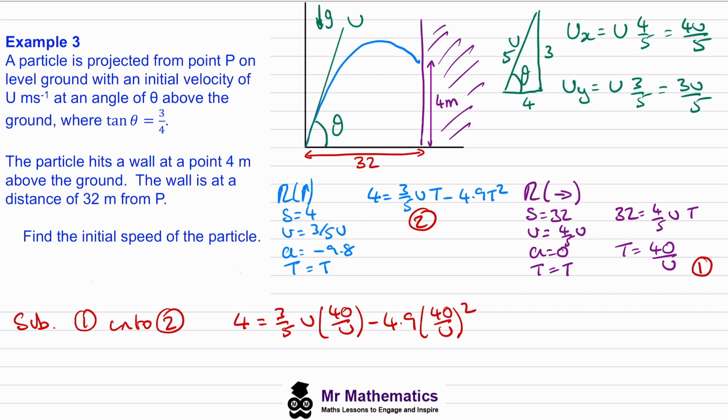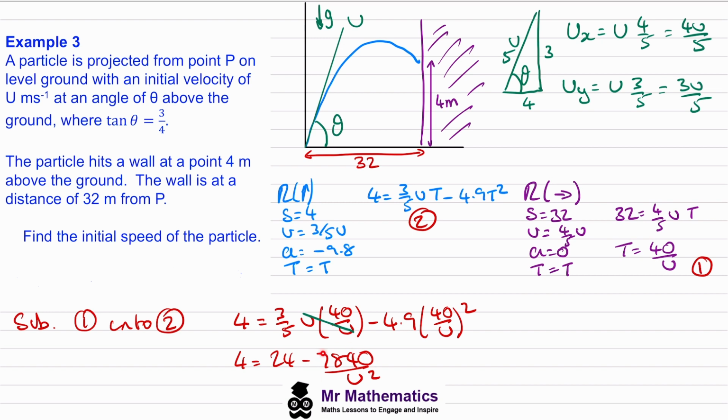All I've done is substitute this into here. And this works out quite well because we can cancel these two out. So now we can work out 3/5 of 40, which is 24. And then we can work out 4.9 times 40 squared. So we get 4 is equal to 24 minus 7,840 over u squared.